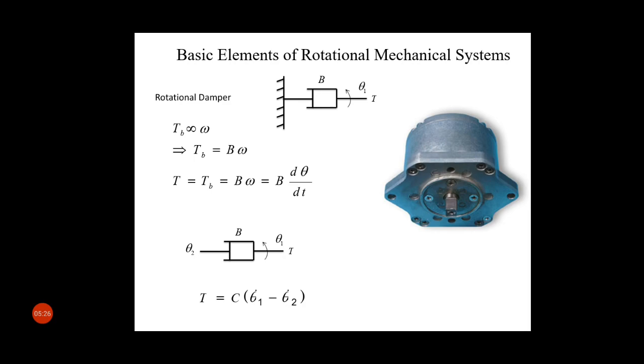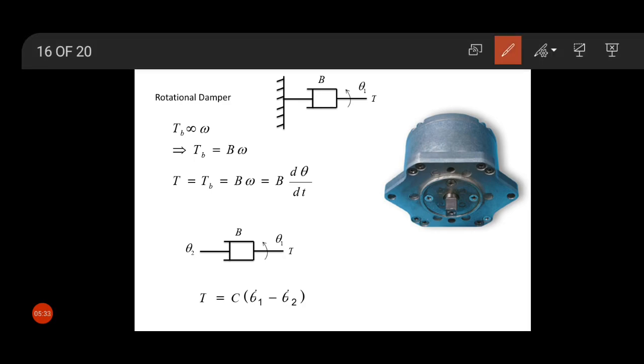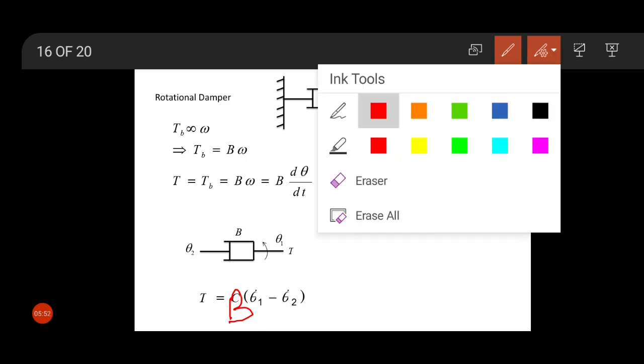For this case, the applied torque T equals B into theta 1 dot minus theta 2 dot. Theta 1 dot means the first derivative, so d theta 1 by dt minus d theta 2 by dt.